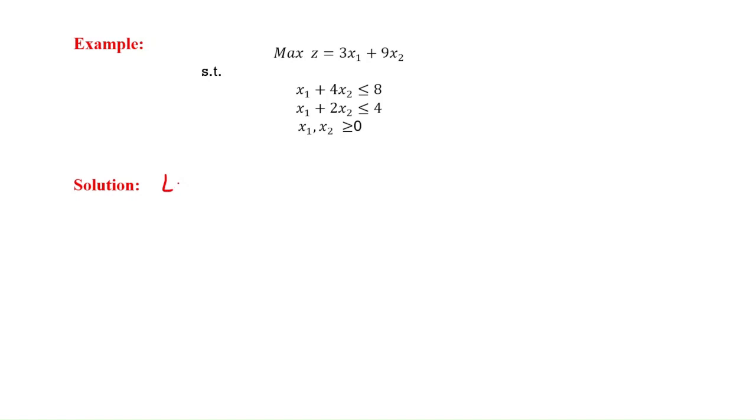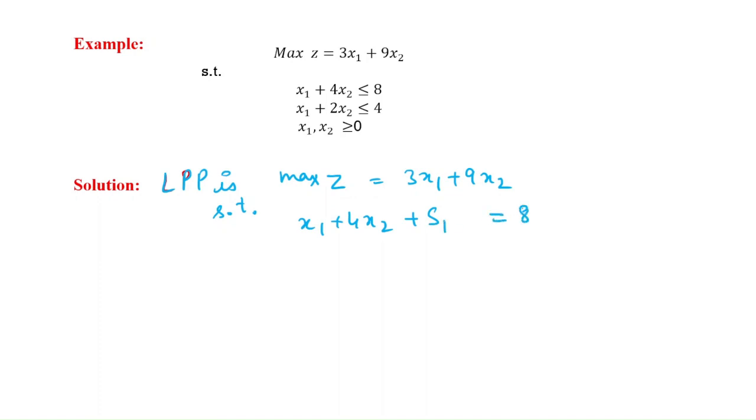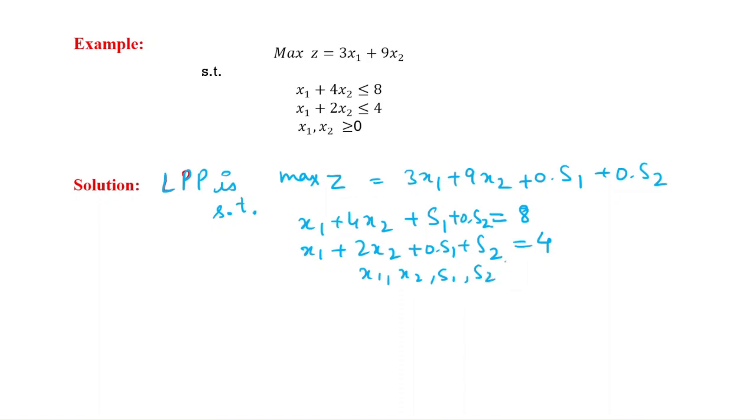So I can rewrite the linear programming problem in the standard form as: maximize z = 3x1 plus 9x2 subject to the constraints x1 plus 4x2 plus s1 equal to 8, with a 0 cost, and x1 plus 2x2 plus s2 is equal to 4, again with a 0 cost in the objective function, where x1, x2, s1 and s2 are all greater than or equal to 0. So s1 and s2 are the slack variables that we have.